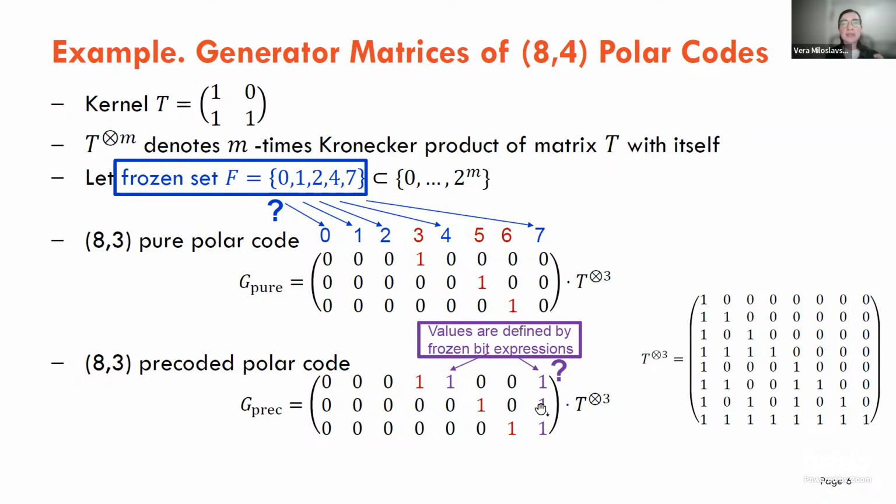If we have CRC like 11, then there would be the last 11 columns in the precoding matrix with non-zero elements. So yes, we can compute this minimum distance.